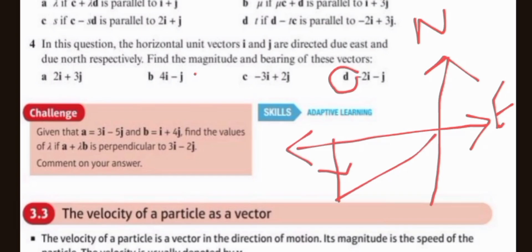That is the direction j and 2i. So this one is the angle theta. Now we're going to use tan.